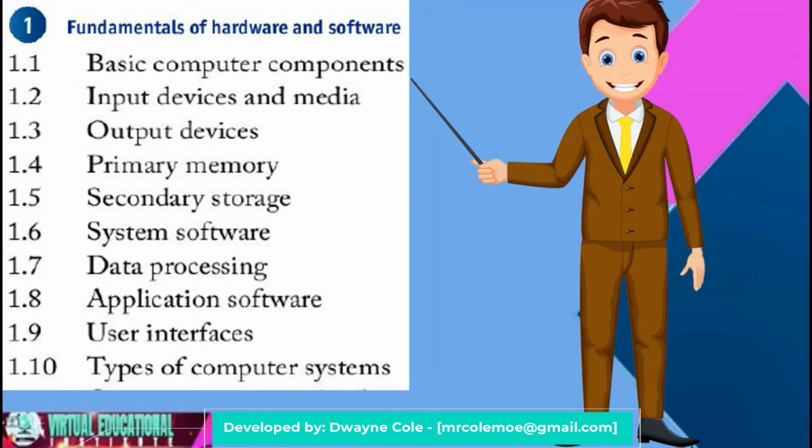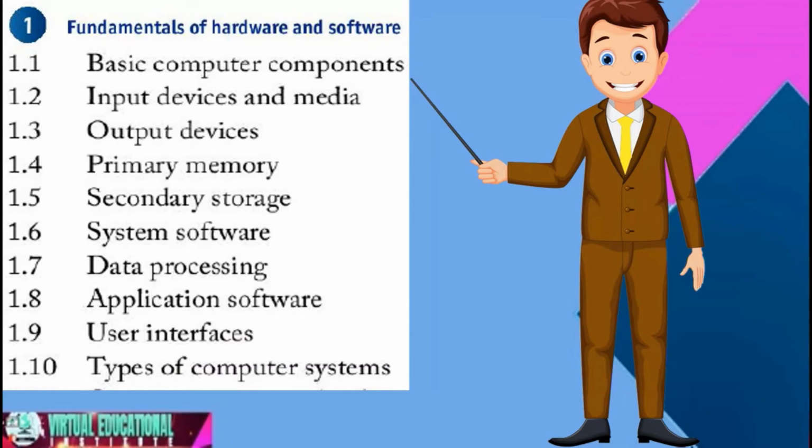Then we have Output Devices. Then Primary Memory. Then we have Secondary Storage. We also have system software, data processing, application software, user interfaces, and at 1.10, we'll be looking at types of computer system.